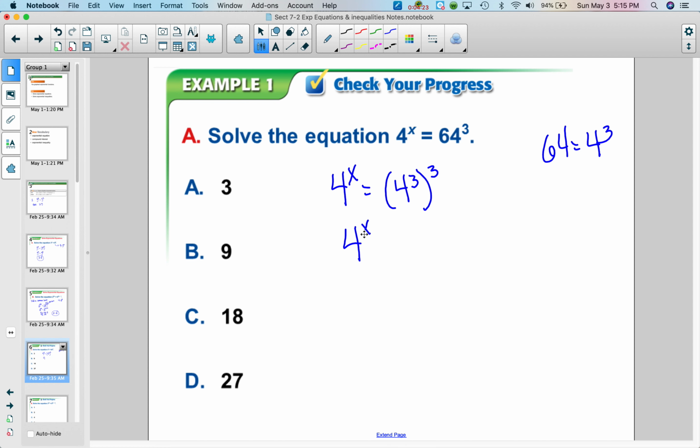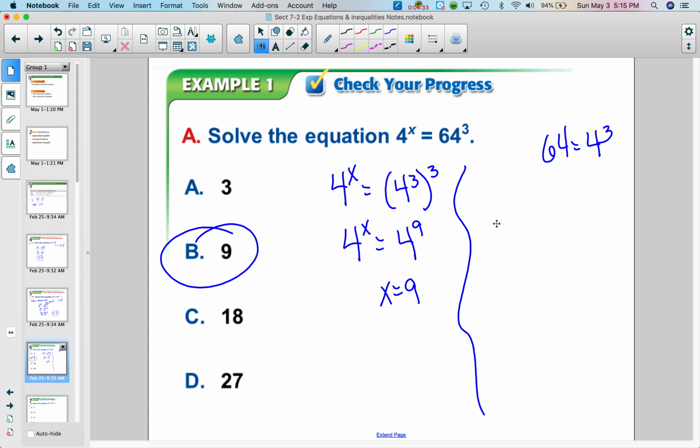So we get 4 to the x equals 4 to the 9th, so x equals 9. You should have got this as an answer. You also could have done it a different way with 2's, but this is probably what you would think of.